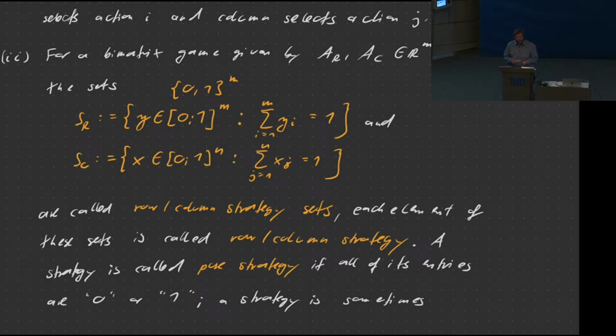Well, what we do here is we also have the option of just assigning probabilities to each of the actions. So the number between 0 and 1 can be interpreted as a probability of choosing this action. And then, of course, if we want this interpretation to work, all probabilities have to sum up to 100%, so to 1. That's the second requirement here.